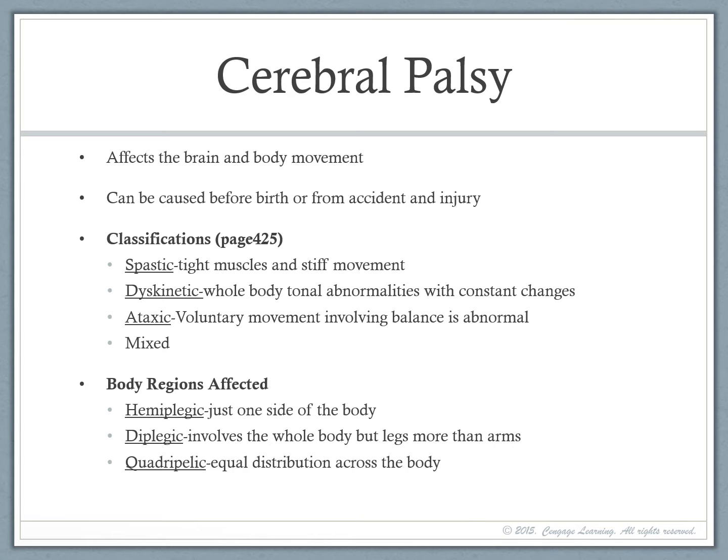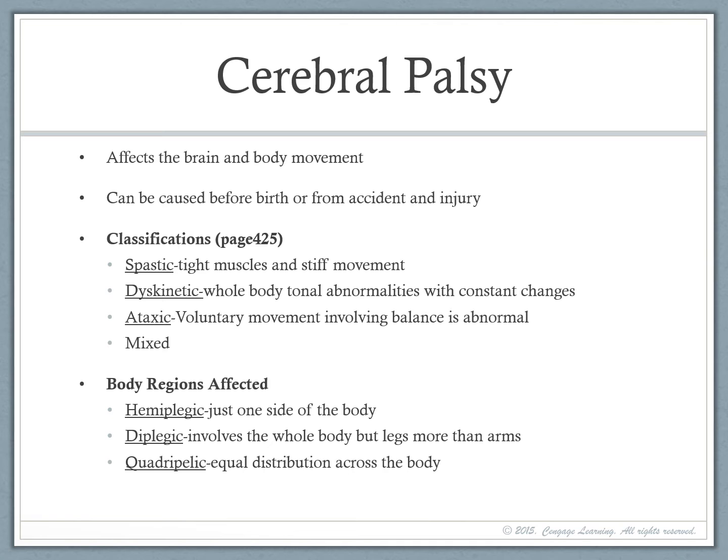Okay, so focusing on some of these individually, cerebral palsy affects the brain and body movement and can be caused before birth or from an accident or injury. There are several classifications, and you can see a pictorial depiction of this on page 425.